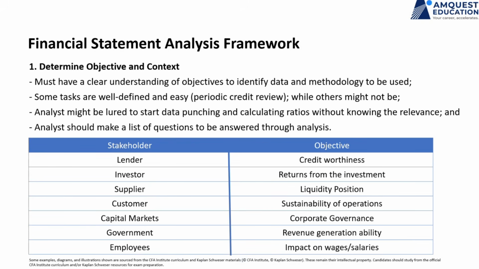Determine objective and context. As we said, everyone needs to have a clear understanding of objectives to identify data and methodology to be used. Some tasks are well defined and easy, while others might not be. An analyst might be lured to start data punching and calculating ratios without knowing the relevance. So when you get the data, you just don't jump on the data and start doing financial calculations. Understand the data first. Think, is the data relevant, right?